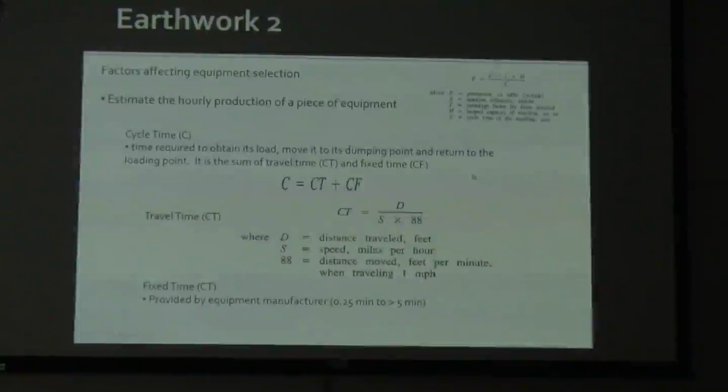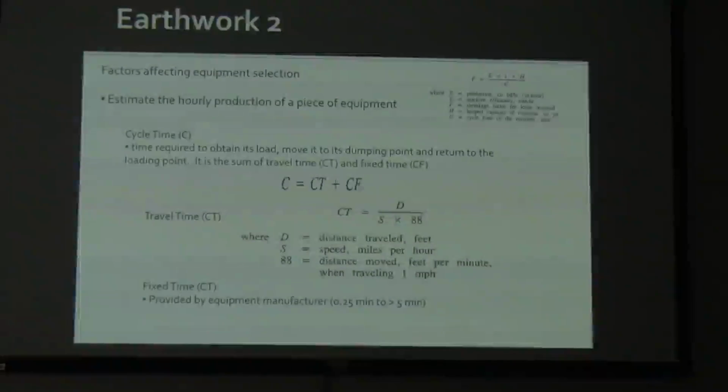Cycle time. The cycle time is a combination of travel time and also the fixed time. This is not CT, this should be CF. So the travel time is determined by this formula: the distance divided by the speed in miles per hour, times this conversion factor, which converts feet per minute from 1 mile per hour.